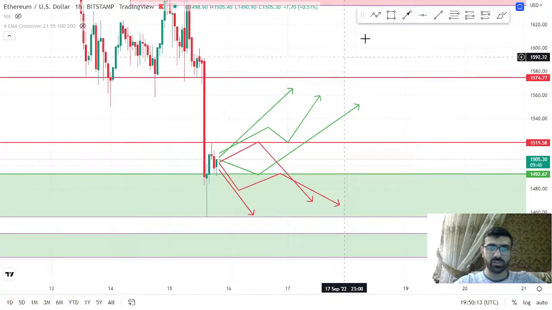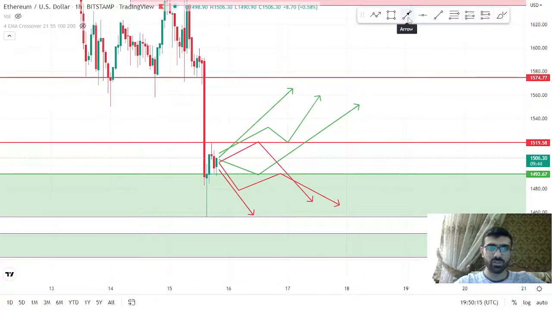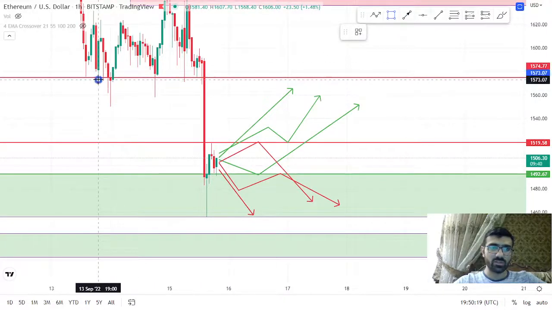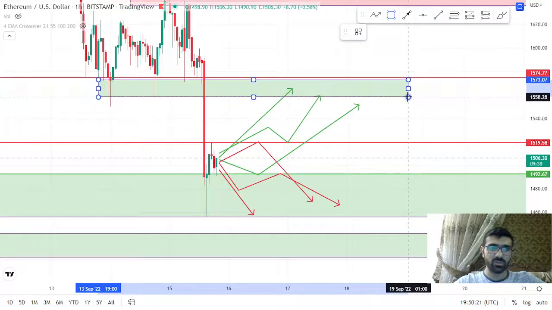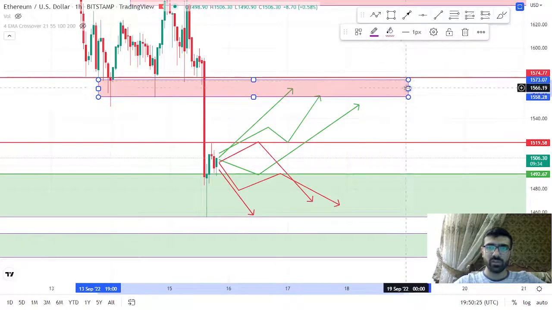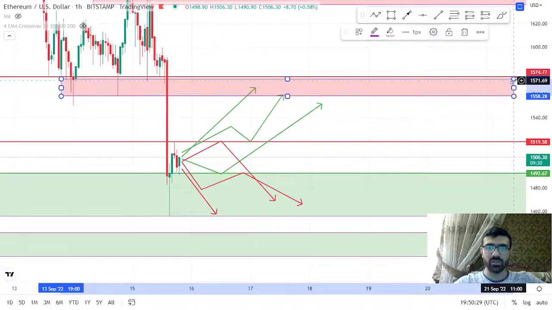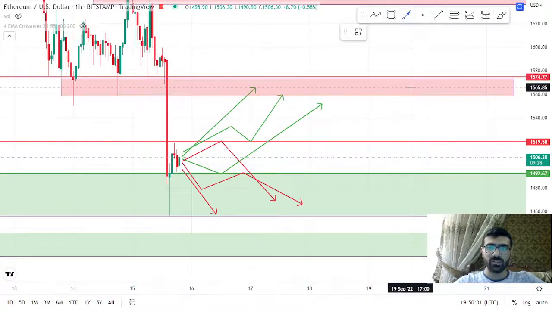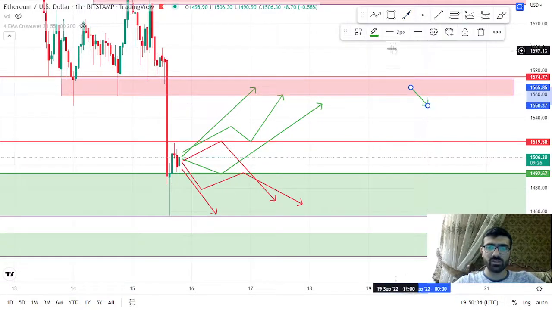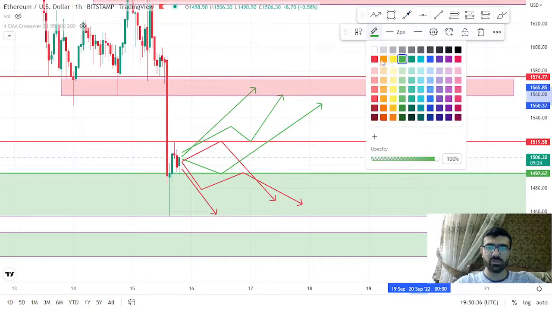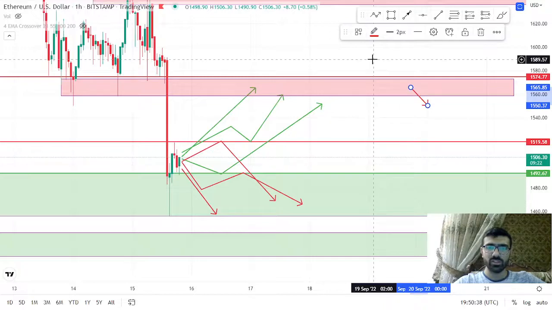So let me give you the bonus areas to sell, which will be this area. So this will be a bonus area to sell this pair. I have marked this region especially for you. So if at any given point of time market enters over here, we are going to look for a good selling opportunity.